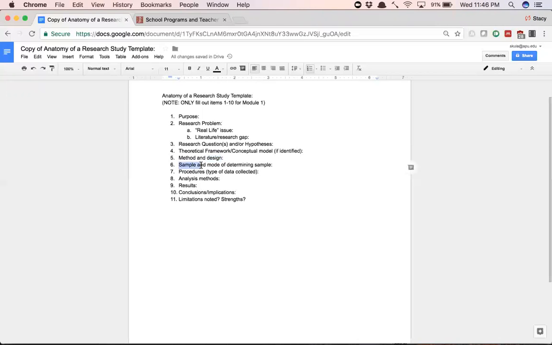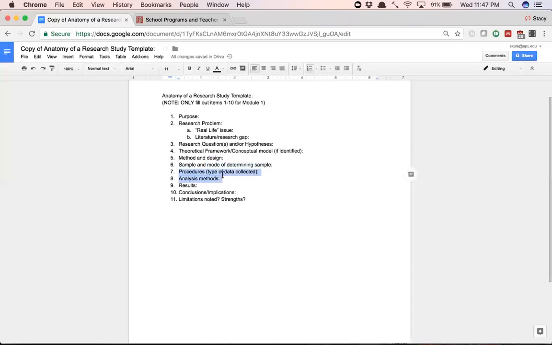Then the sample has to do with who the participants were, and the mode of determining was how they were selected. Was it a convenience sample, which means whoever showed up and could participate was taken for the study? Or were they purposefully selected, where the researchers looked at a specific group with specific characteristics? Those are the kinds of things you want to know.